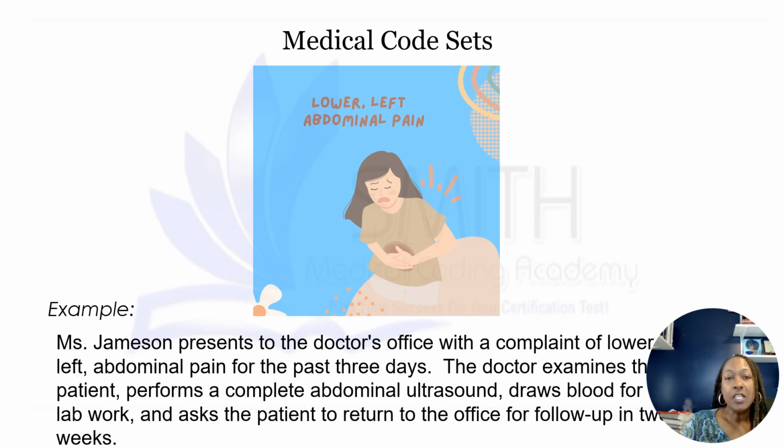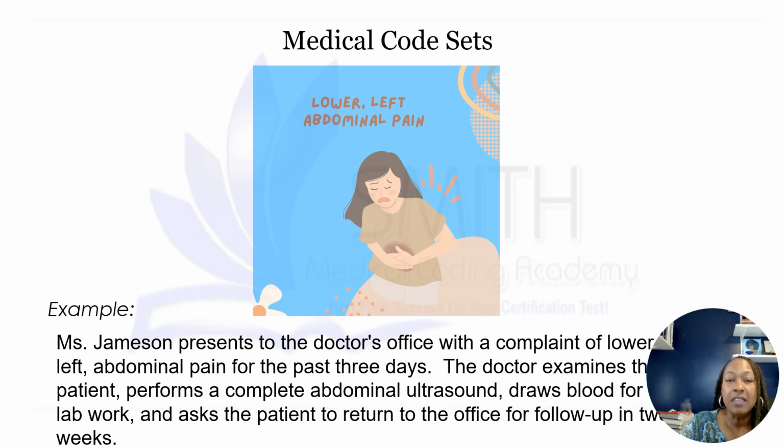So we're going to continue on with our example of Miss Jameson, who has abdominal pain. And if you remember, diagnosis codes are what the physician's final assessment says the patient has. The procedure codes, or CPT codes, are what the physician or healthcare provider is doing. In this instance, this patient has lower left abdominal pain.